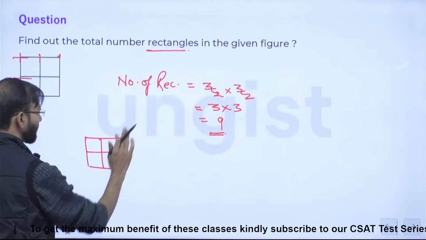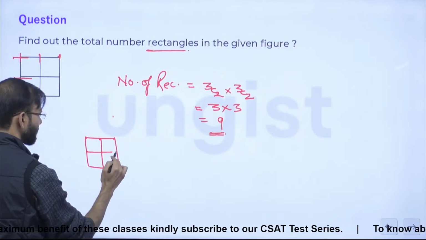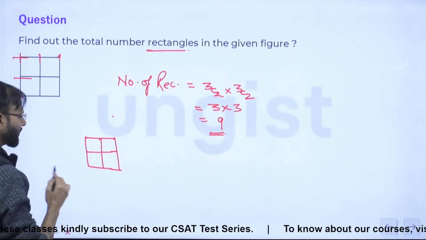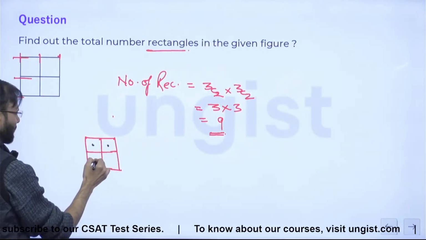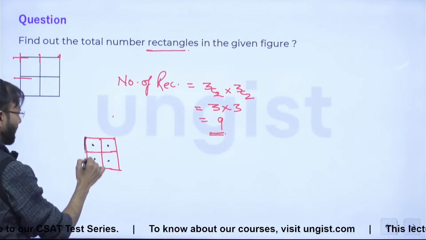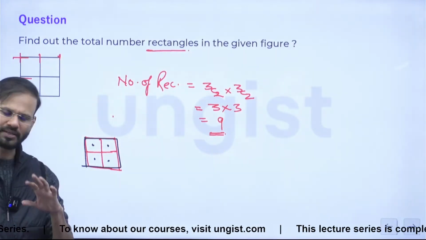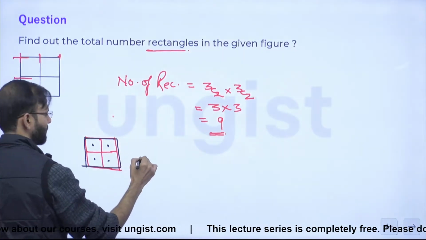Here we have 1, 2, 3, 4 and 5 rectangles. I mean, we have already calculated the number of triangles, the number of squares. So here we have 5 squares, right everyone?